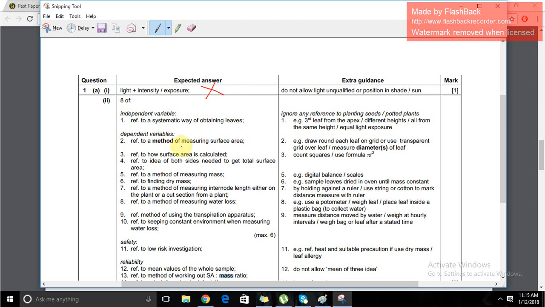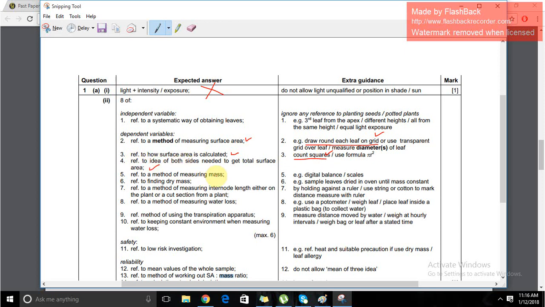So, a reference to a method of measuring the surface area. Example, draw each leaf on grid or use transparent grid over the leaf. How surface area is calculated: count squares. Both sides needed to get total surface area.